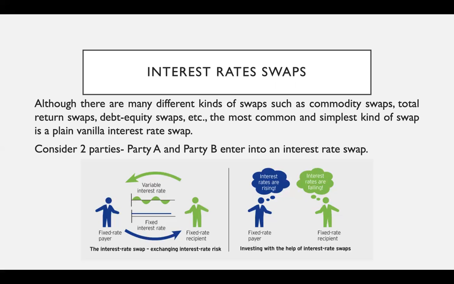Company A still owes company B a fixed return, but now company B profits, because company B had a pessimistic view of the scenario anyway. They were receiving the fixed interest rate payments for paying variable interest rate payments, and therefore in this case, company B was profiting.